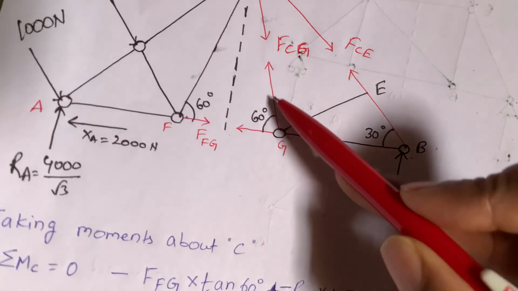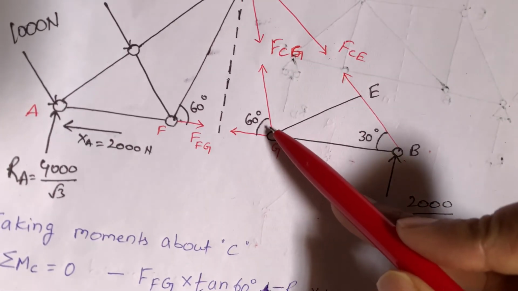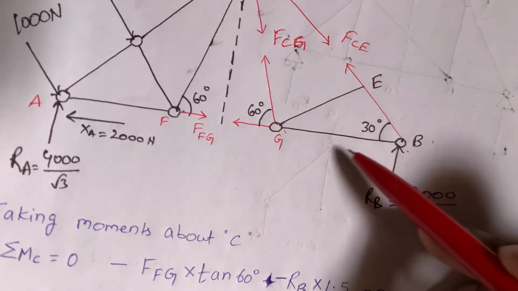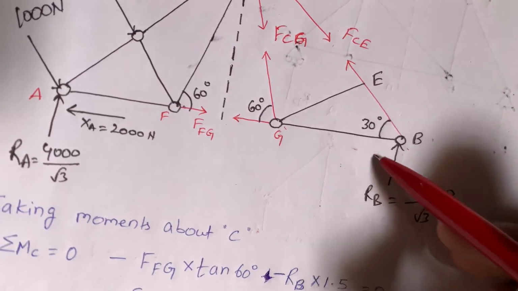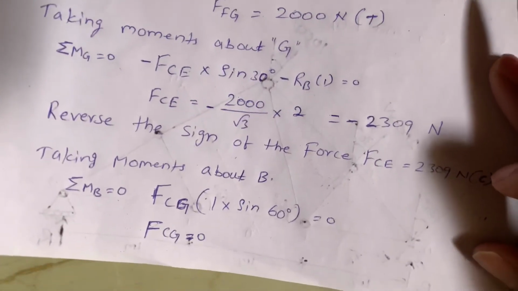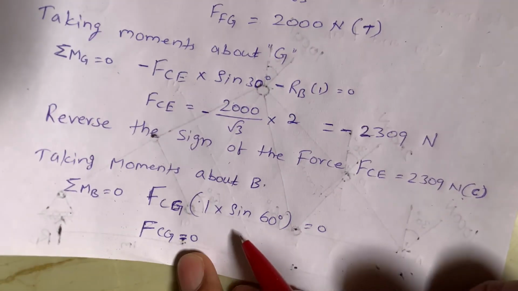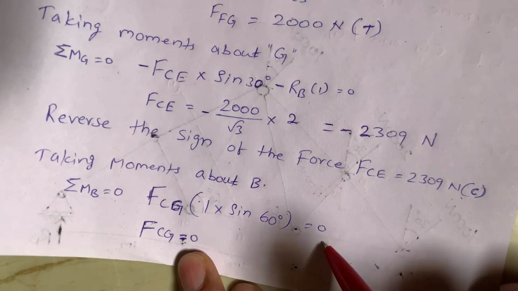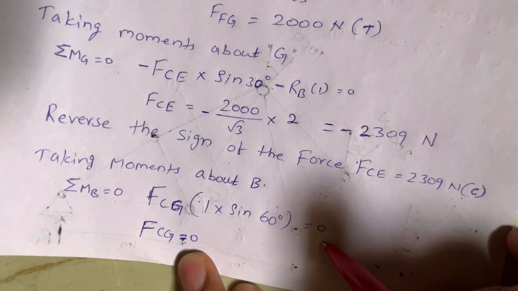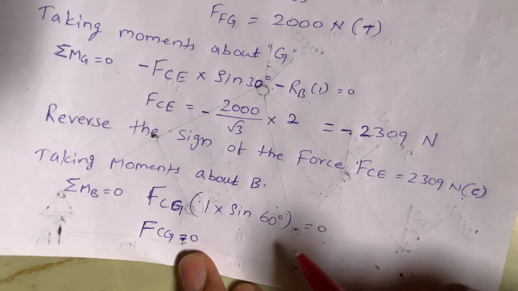Okay, why? Because FCG is this value and here it is 60 and this is the perpendicular distance. So FCG into sine 60, that is FCG. So here it is multiplication, when it moves to right hand side it becomes division, then 0 by anything is 0.